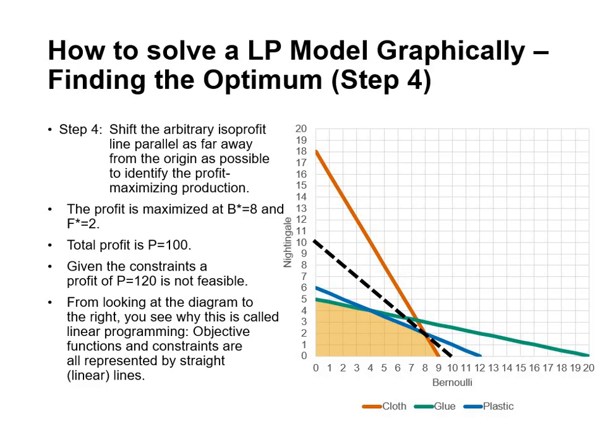So this is how you solve a linear programming model graphically. Again, step 1, you draw all the constraints. Step 2, you identify the area of feasible production.